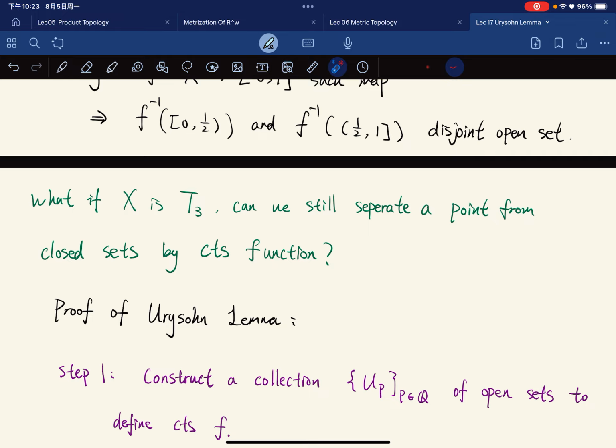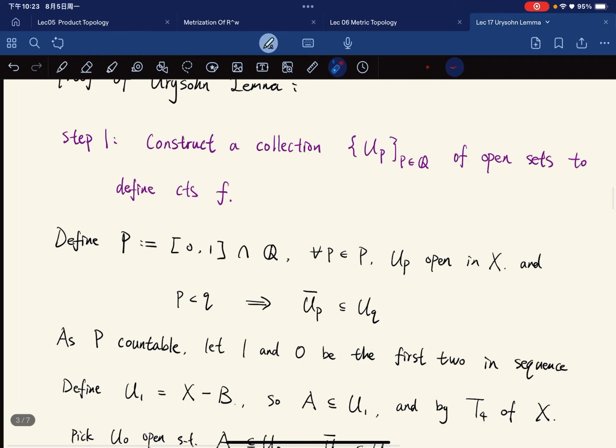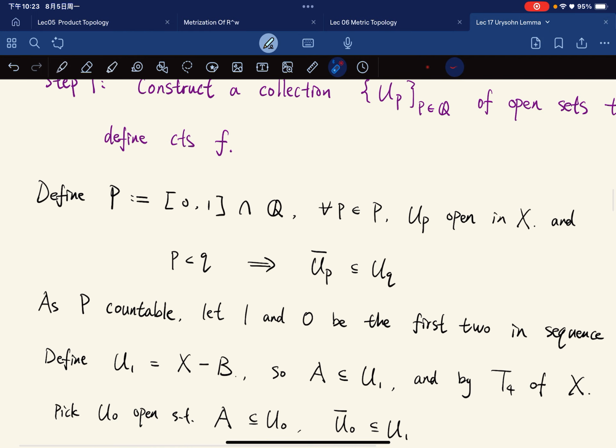Okay, so we're going to prove the Urysohn lemma. Step 1: we construct a collection of open sets indexed by the rational numbers to define a continuous function f. Let's see how we define this collection. First, look at the rationals between 0 and 1 on the real number line, all those rational numbers.